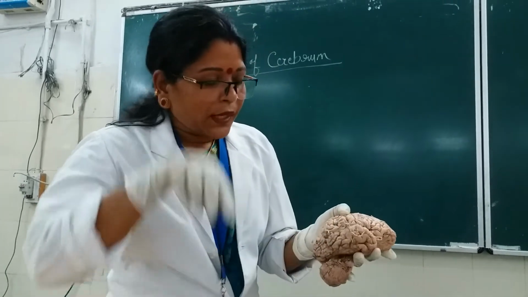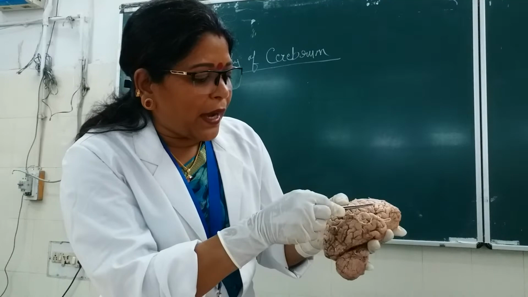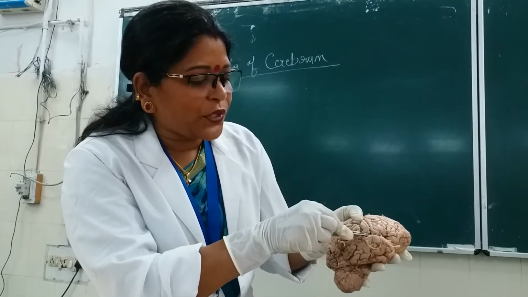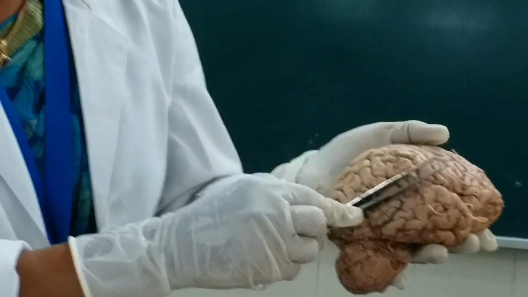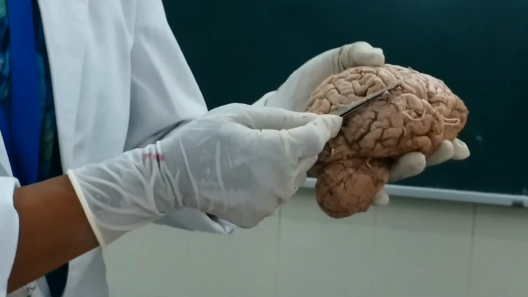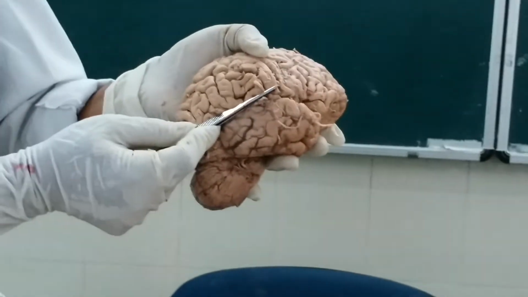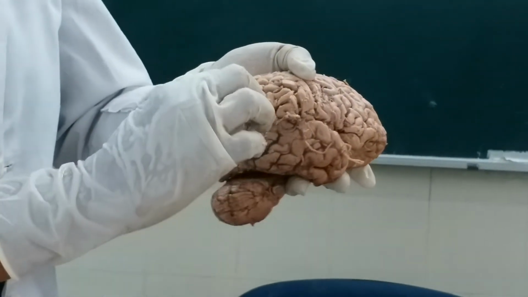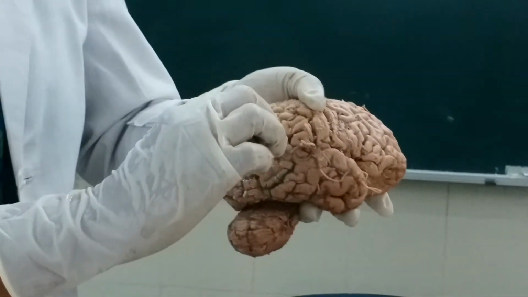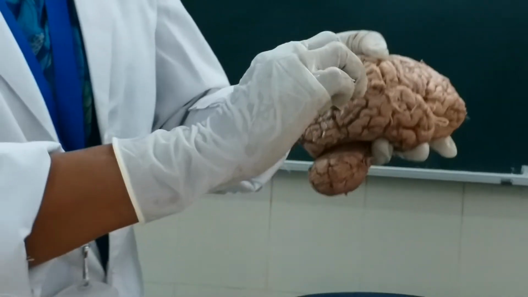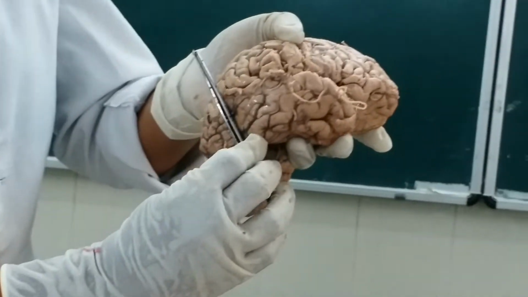So, the second imaginary line passes along the posterior ramus of the lateral sulcus on the superolateral surface. One imaginary line is drawn over here, another is drawn along the posterior aspect of the parieto-occipital sulcus above and the pre-occipital notch below.